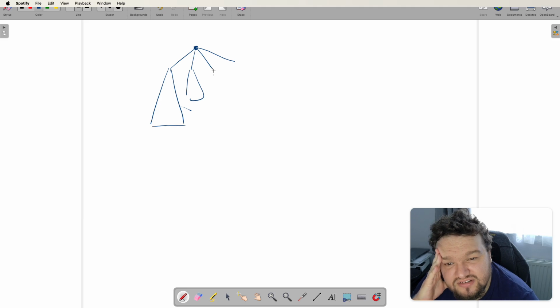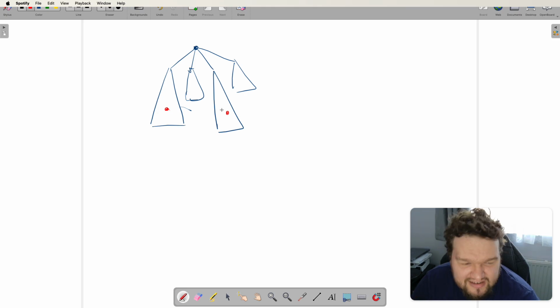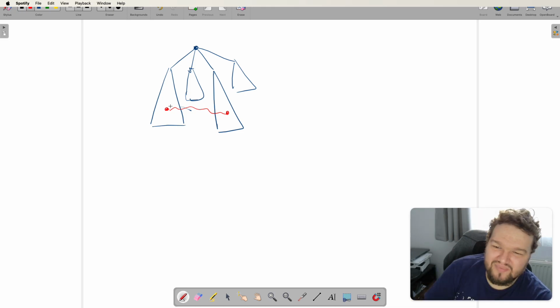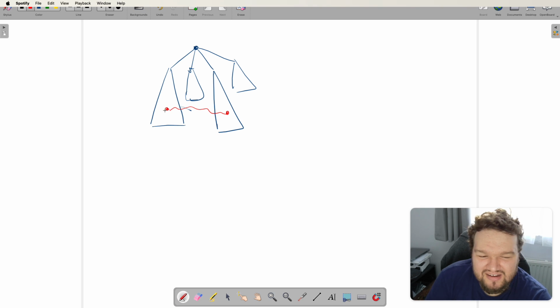But we can look at the subtrees of the sons of the root, and if we take two vertices from different subtrees, we can match them. Can we just match all of it, by matching one subtree with the other? Sometimes yes.